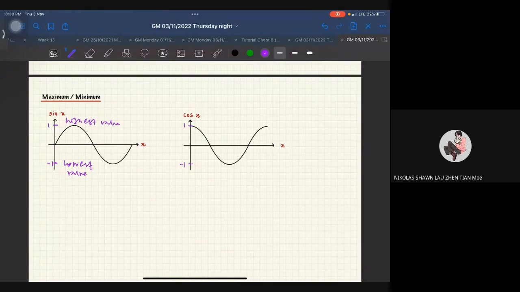Okay, so the line of the tangent graph, dia boleh pergi sampai positive infinity ke atas and then dia boleh pergi sampai negative infinity ke bawah. Okay, so that's why lah kita tak ada maximum dengan minimum value for tangent sebab nilai dia adalah negative infinity minimum. So maximum adalah positive infinity. So we don't have for tangent. So jangan susah fikir, awak cuma ada untuk sin dan juga cos sahaja.